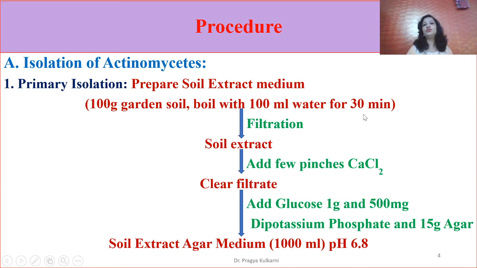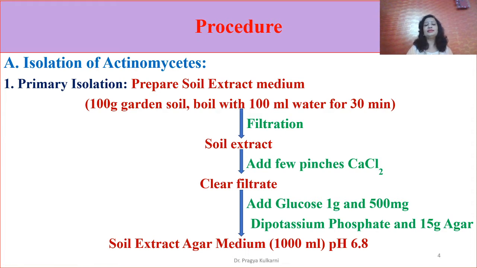For this, we can use an autoclave directly. We can mix 100 gram of soil with 100 ml of water in a flask, cover it with aluminium foil and autoclave it for 30 minutes. After cooling, the extract is filtered and soil extract is obtained.